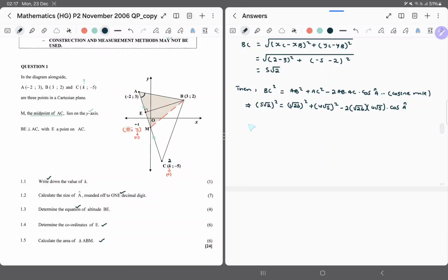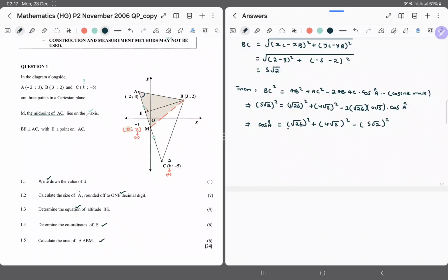Now guys, we just isolate A. We don't want to waste time. So we know that the cos of angle A is going to be this square 5 root 2 squared minus, you know what, it's easier to transpose this to that side and this to this side, because this is going to be the square root of 26 all squared plus 4 root 5 all squared divided by, wait, we still have to subtract this one, which is 5 root 2.